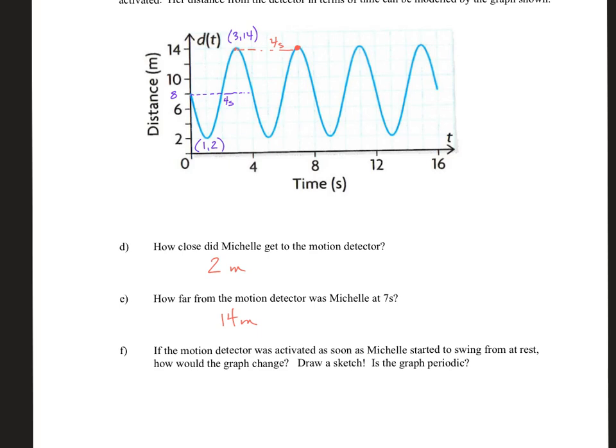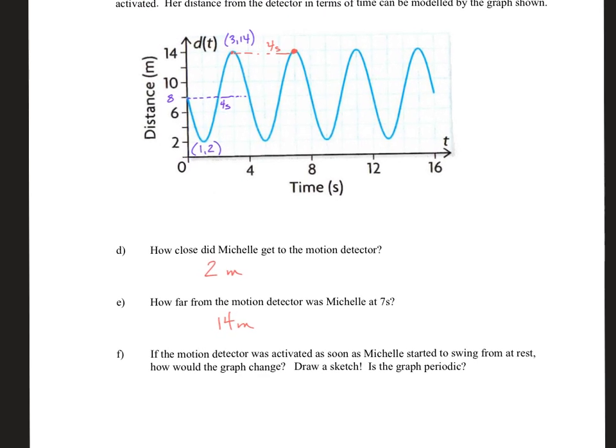So if I had to give you a situation, let's take a look at the actual graph of Michelle swinging. And I want you to imagine how consistent Michelle must be to always be swinging that way. Her action to swing towards the motion detector and back away and towards was consistent every time.